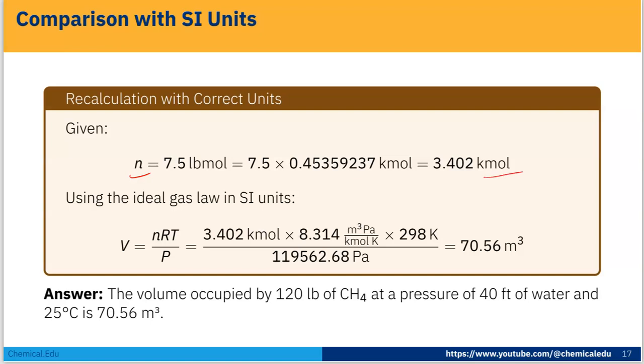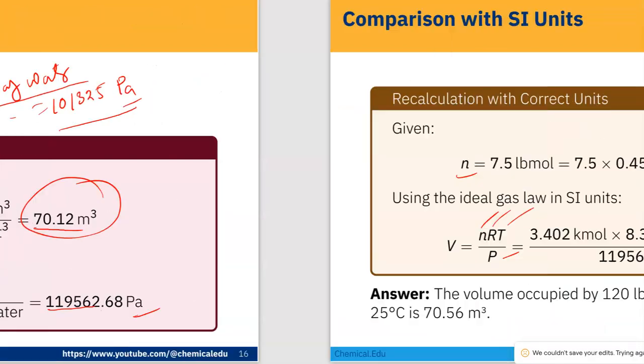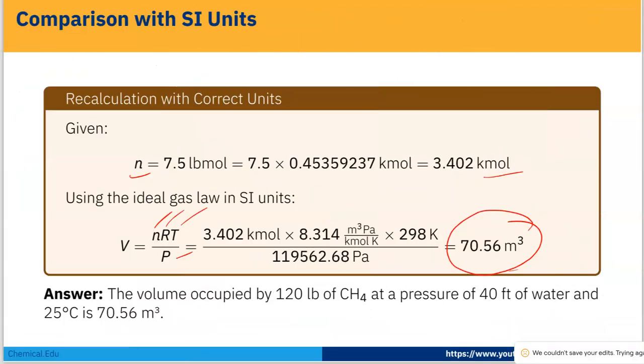1 pound mole is equal to how many kilomole? That is 0.45359237 kilomole. Now we know N, we know R, we know the temperature, we know the pressure, so we'll get 17.56. So we get the same result; there is a slight difference, but the result is nearly the same.